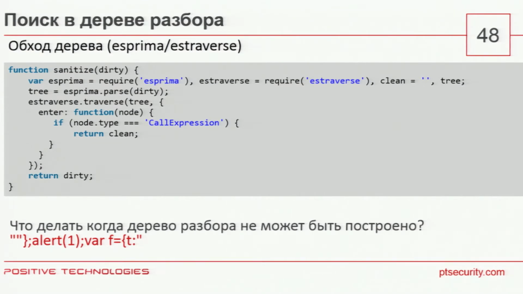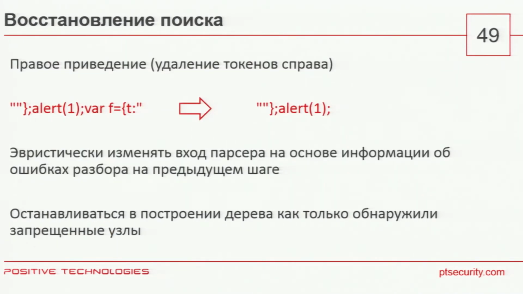What to do if the tree cannot be built? Imagine we're getting a line like this at the input, and it's obvious that it's very easy to build a context where this data is going to be absolutely valid, but we don't know the context. If we compute the context for this line, the parser will not work with it because, from its point of view, this construct is not valid, and it's not going to build any tree, and therefore there will be nothing for us to analyze.